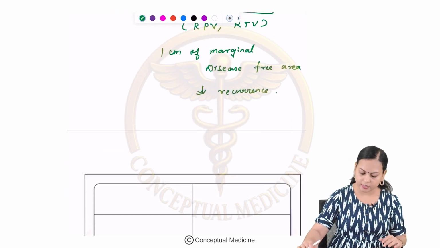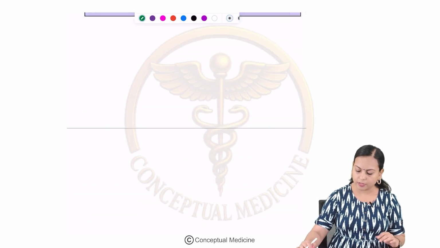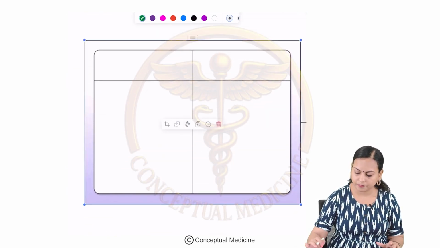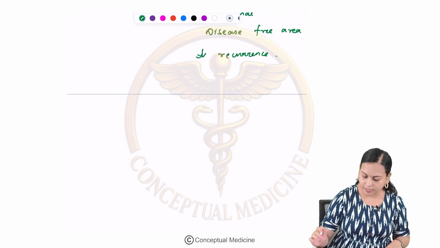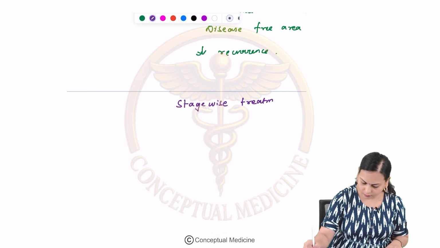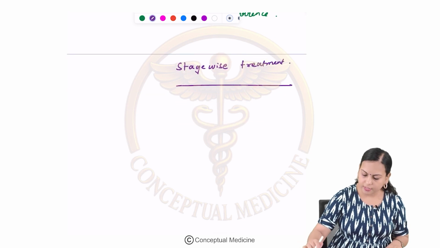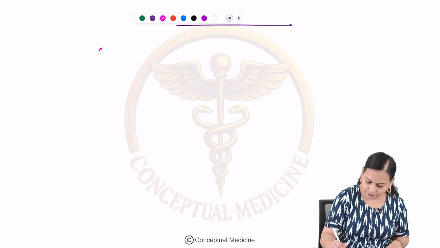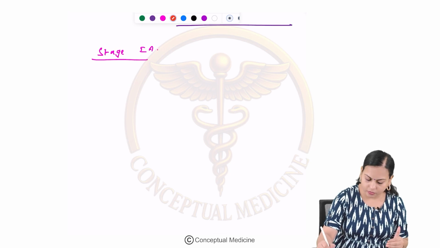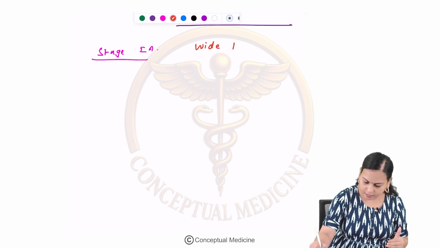Clear? Now let me also tell you about the stage-wise treatment of vulval cancer. Okay, so stage-wise treatment of vulval cancer. For stage 1A, when the stromal invasion is less than 1 millimeter, you can do a wide local excision.